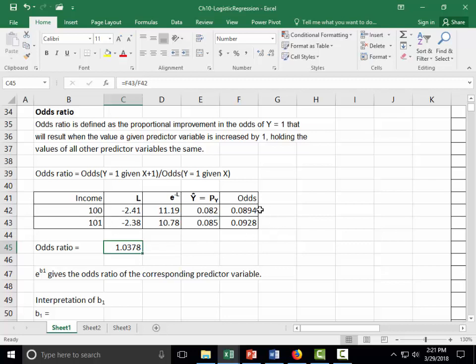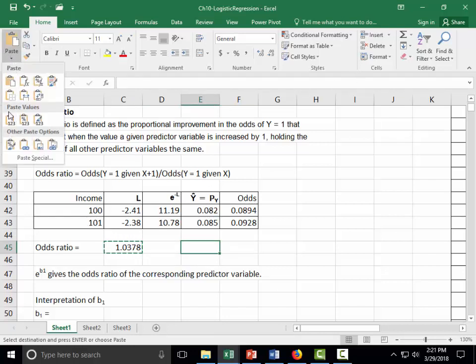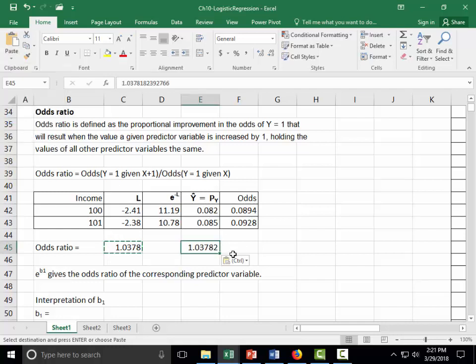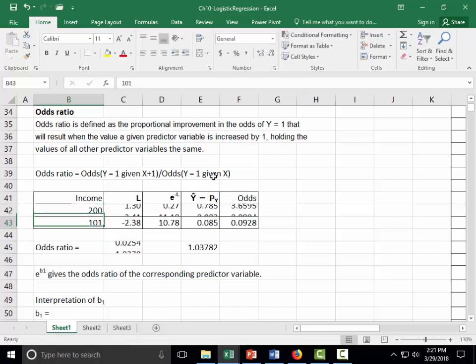It so happens that this odds ratio will always be the same, no matter where we start. Let me copy paste the value here. That's the odds ratio when we go from 100 to 101. Suppose we go from 200 to 201, you see the odds ratio is exactly the same.